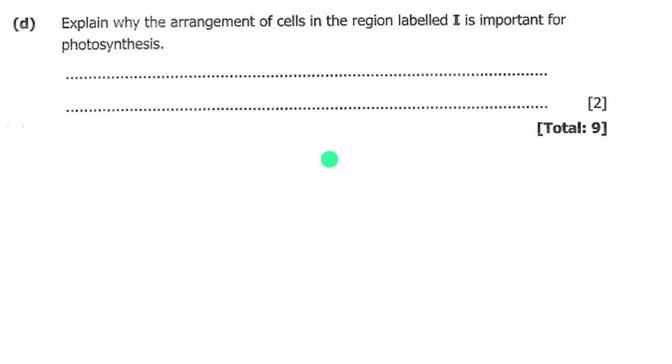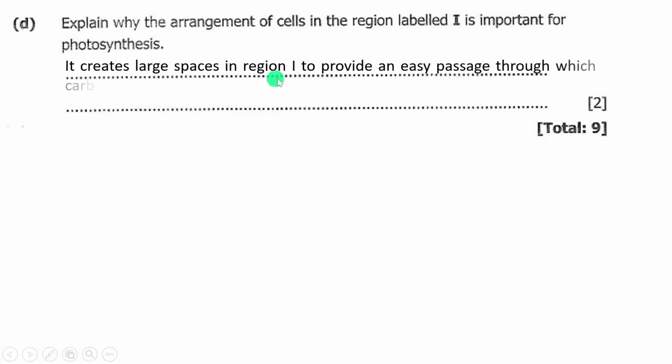Here we are going to say that it creates large spaces in region I to provide an easy passage through which carbon dioxide can diffuse.